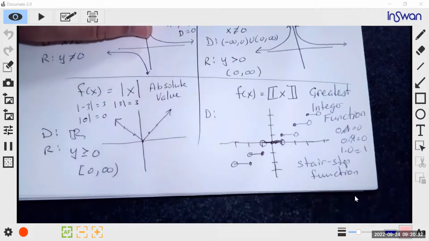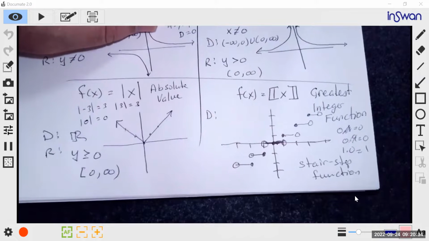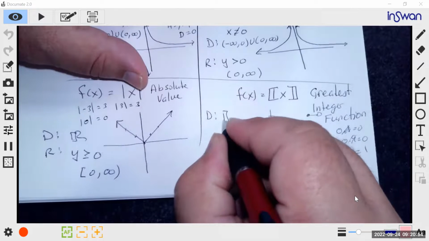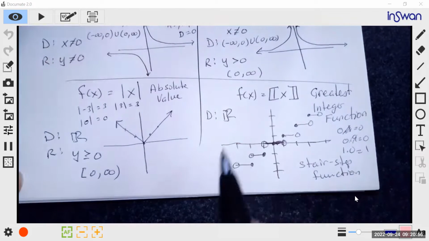The domain, can you guess what the domain is going to be? Very good. It will be all real numbers, because you never have an open space.